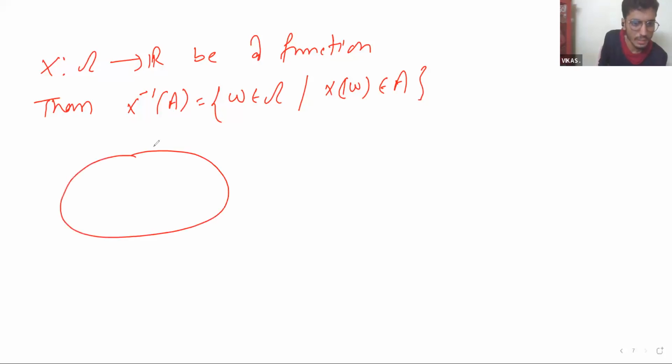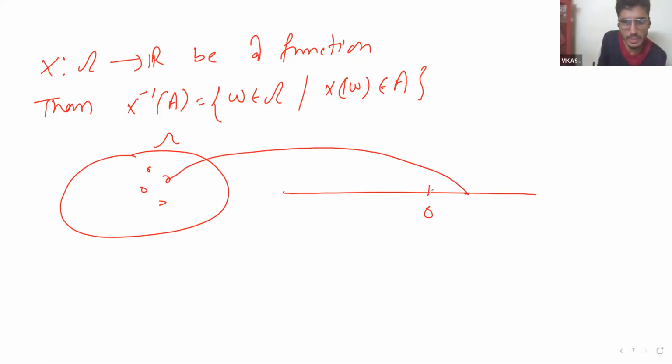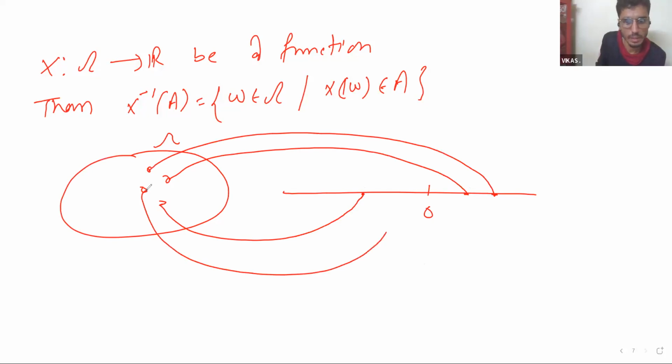Suppose you have omega here, and R here, with zero, and this is the set. This point is mapping to this point, and this to this point. Say this is the set A.